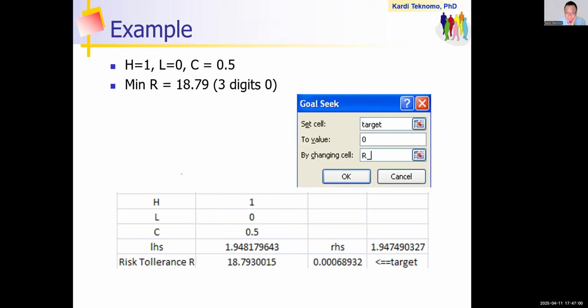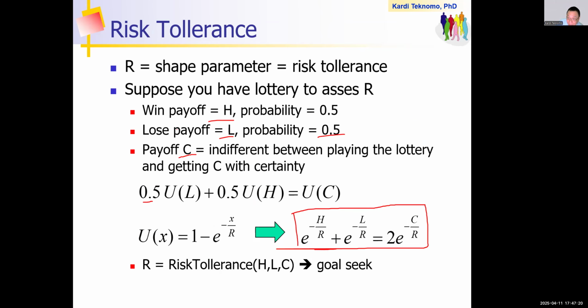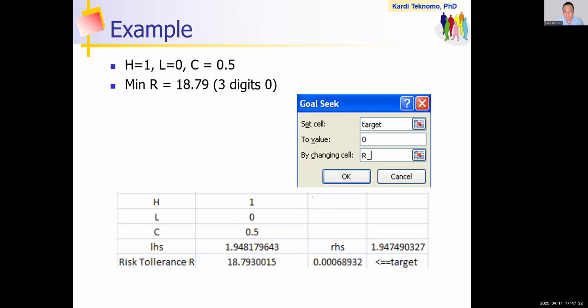So this is an example. Say for example, H is 1, L is 0, and C is 0.5. The left-hand side is this equation, and the right-hand side is this equation. Then you take the difference between the left-hand side and right-hand side as your target.